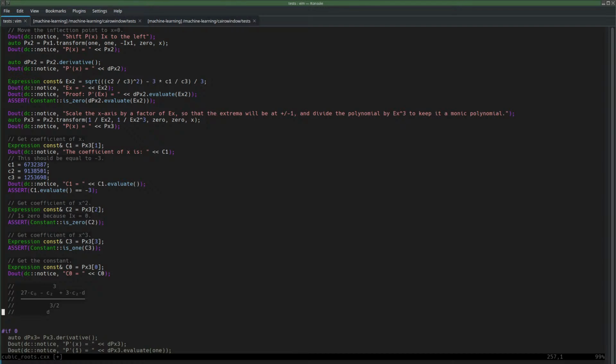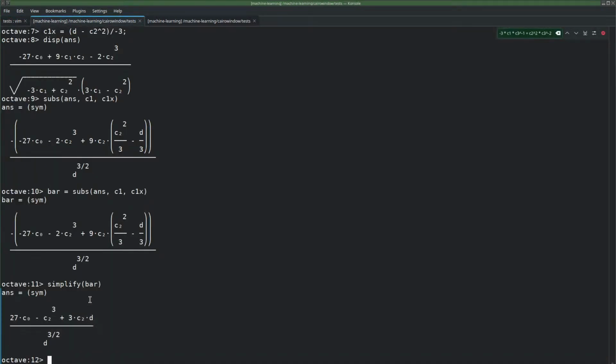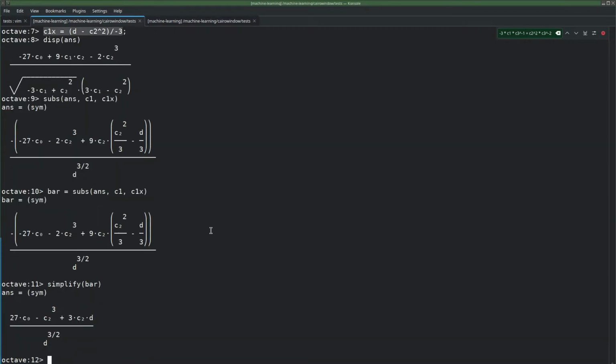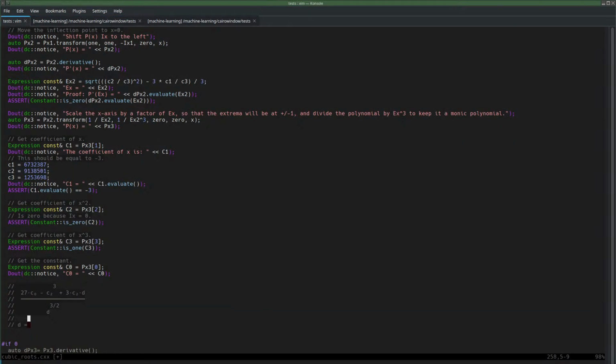So this is what we had, and then also D equals this, which is what defined my D. But this is just C1, and I multiply both sides by -3. And then add C2 squared.